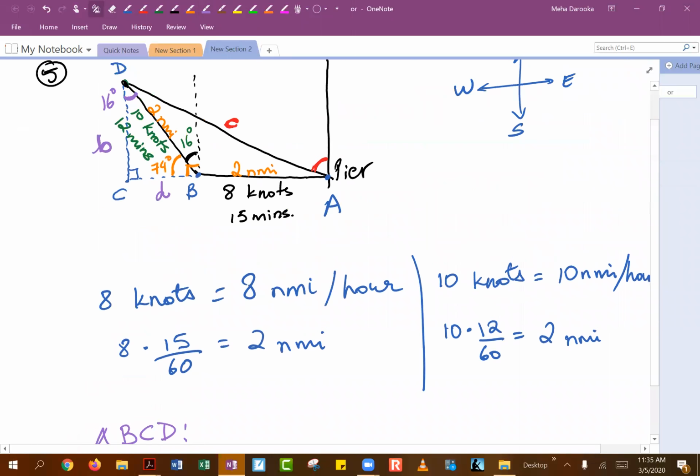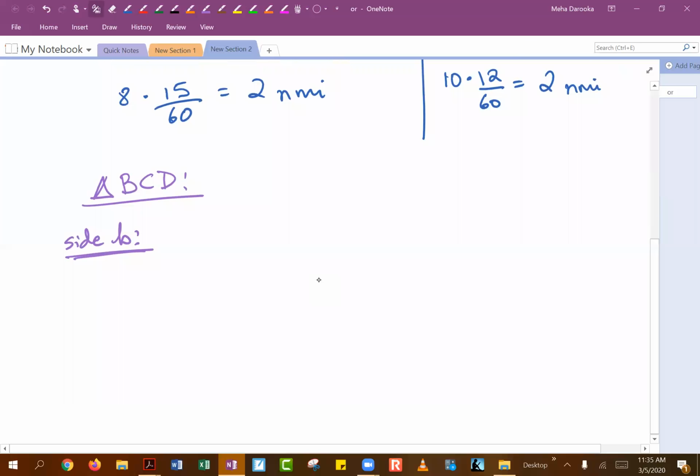So this is with respect to angle B. So that would be sine of angle B, which is opposite over the hypotenuse. Our opposite would be side B, which is unknown. Hypotenuse would be 2 nautical miles, right? So 2. Angle B is 74 degrees.